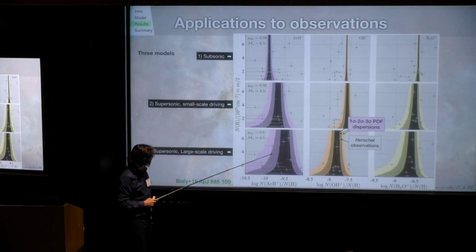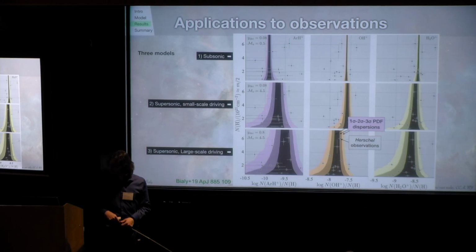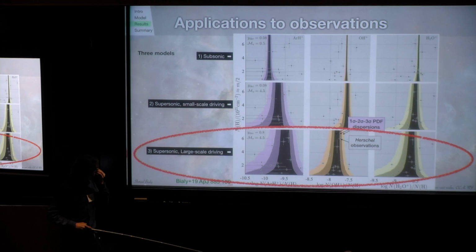And really, to explain the large dispersion seen in the observations, we need not only supersonic, but also large-scale turbulence driving. So this is the one that best matches the observations. Still, it's not a perfect match. Our model is still very simplified. It's isothermal turbulence in a box.